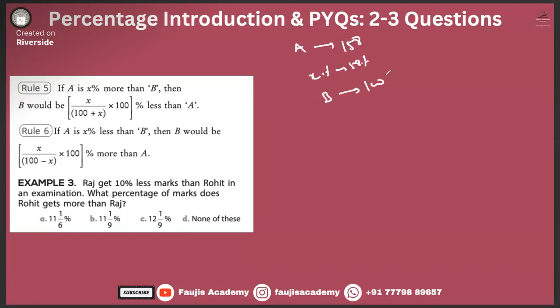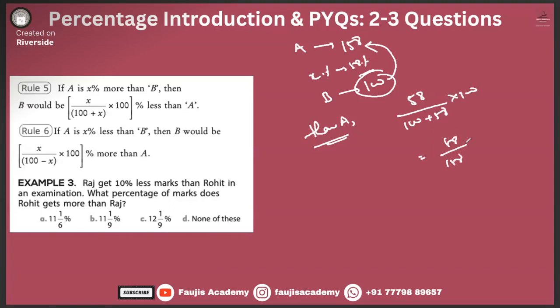Then A is 58% more than B. But how much is B less than A? This word is important: than A. So by formula, it is given by 58 divided by 100 plus 58 into 100%, that is 58 divided by 158 into 100.